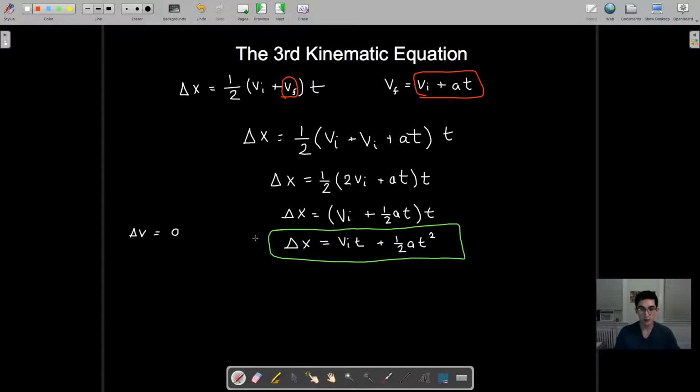Well, if we're working with a constant velocity, then our change in velocity is equal to 0, and thus our acceleration, which is equal to our change in velocity over time, is also equal to 0. So because acceleration is in this term, this whole term is going to go to 0. And we're just going to be left with delta x equals v initial t.